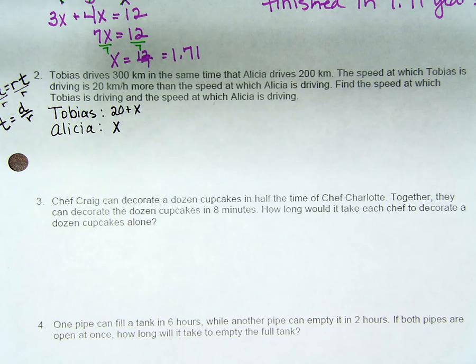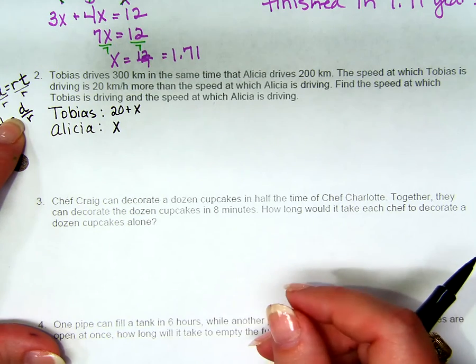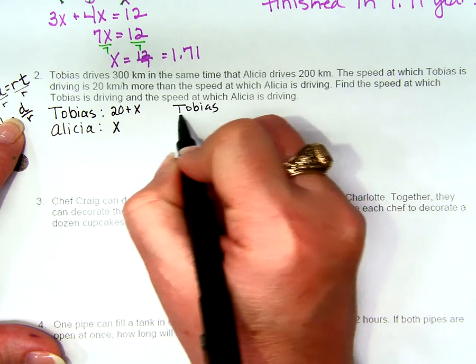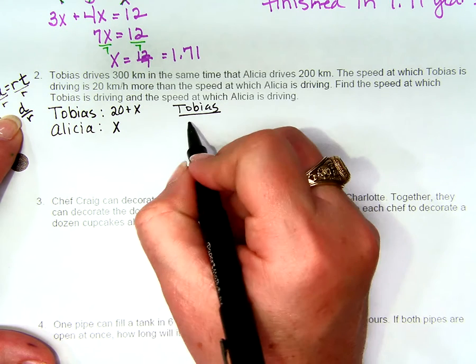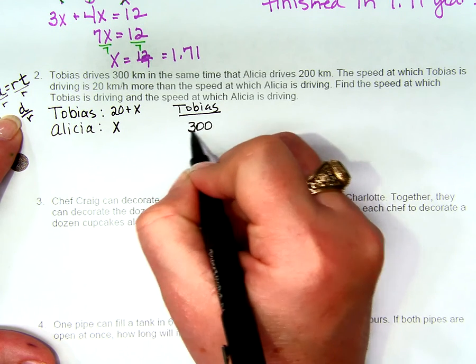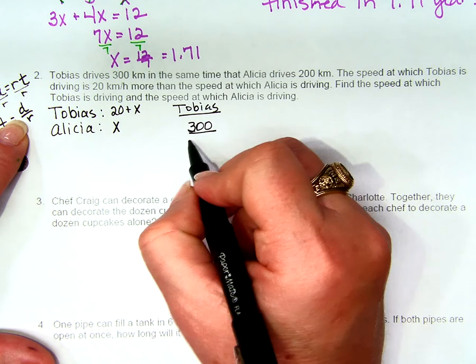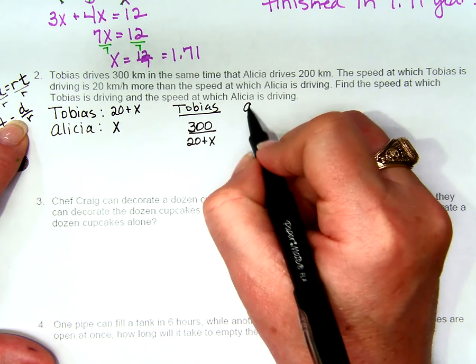So we said a minute ago their distance over times should be equal, right? So let's talk about Tobias real quick. What is Tobias' distance? 300 kilometers. And what is his rate? What's his speed? 20 plus x. And what about Alicia?